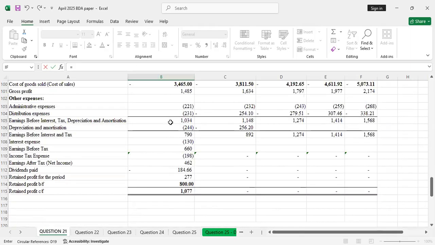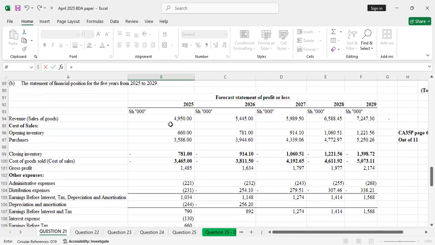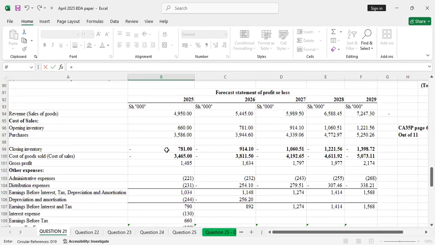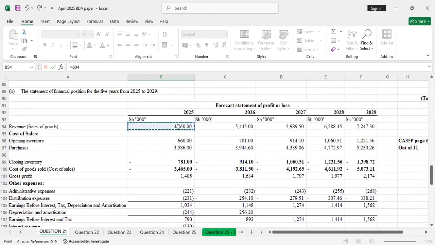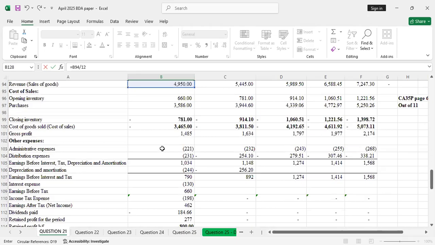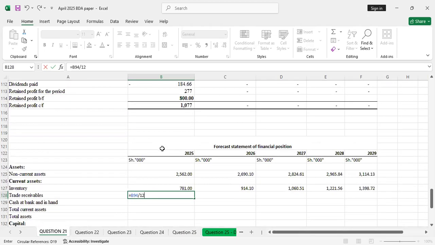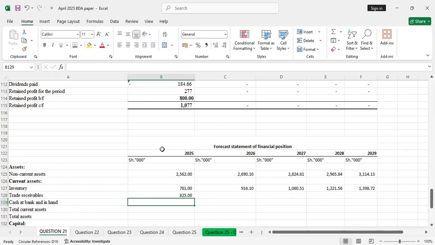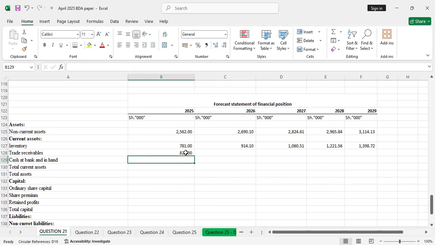So you take 49.50 and divide by 12 months, so that you get each month. We are told that trade receivables are 2 months of credit sales, so you divide by 12, then multiply by 2 because it's only for 2 months. Then you enter. So trade receivable here will be 825.